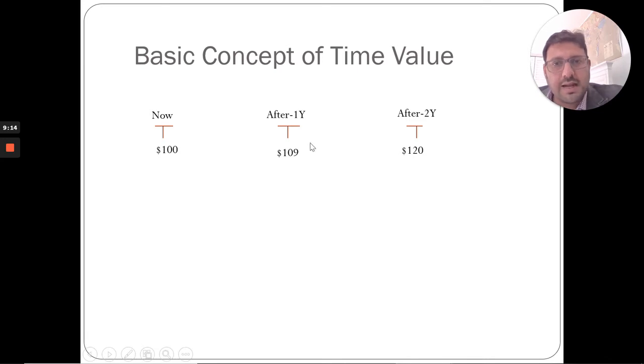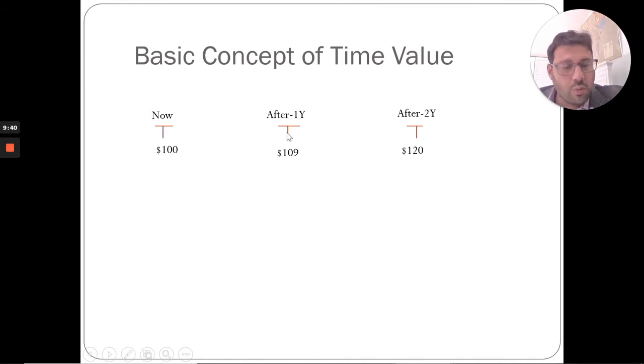I mean to say that in the future years, these 109 and 120 are future payments. This 109 is the future value after 1 year, and this 120 is the future value after 2 years. The cash flow right now is the present value, which is $100, and there is no interest added to it. In the future value, interest is added.